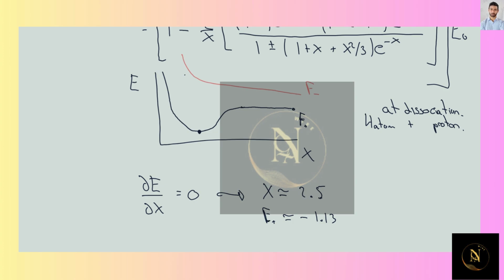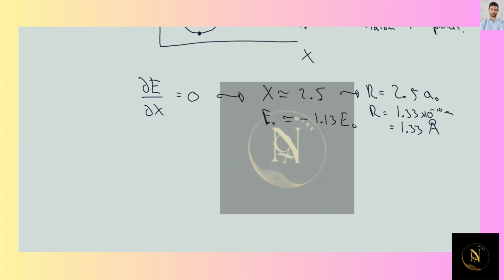Of course, this is all going to be in terms of E0 and the value for a0. So since x is equal to 2.5, that means that the value for r, the interatomic distance, is going to be 2.5 times a0, or the equilibrium distance corresponds to 1.33 times 10 to the minus 10 meters, which is 1.33 angstroms.